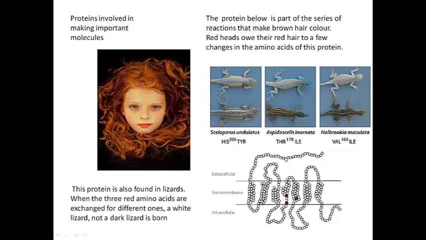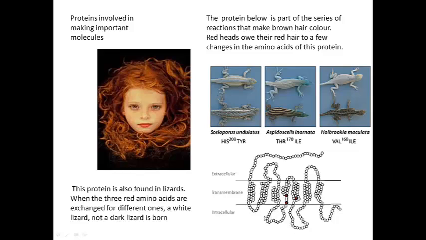This protein down here, showing the long strand of amino acids, is the protein that causes this colour in lizards. When these 3 amino acids here are exchanged for different ones, that protein can no longer produce the brown colour and the lizards are white.